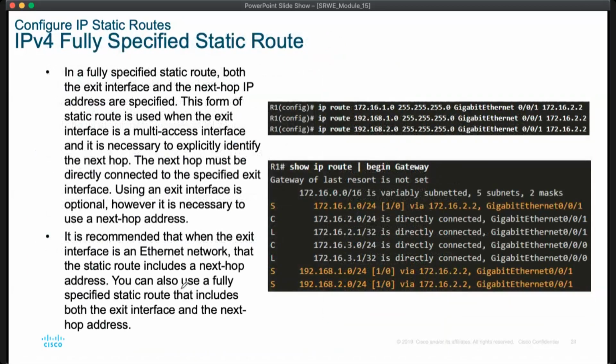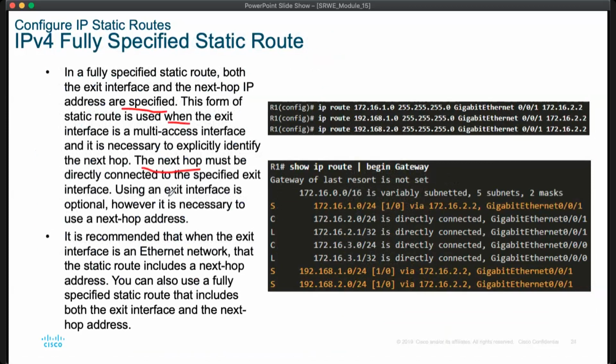IPv4 fully specified static route. In a fully specified static route, both the exit interface and the next hop IP address are specified. This form of static route is used when the exit interface is a multi-access interface and it is necessary to explicitly identify the next hop. The next hop must be directly connected to the specified exit interface.